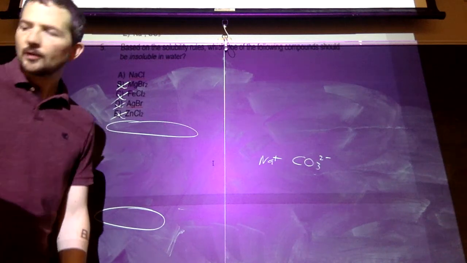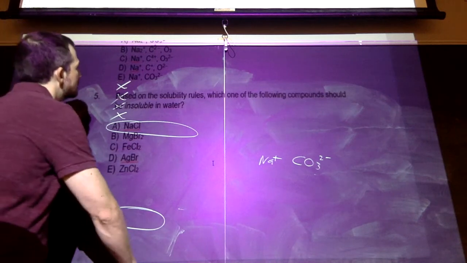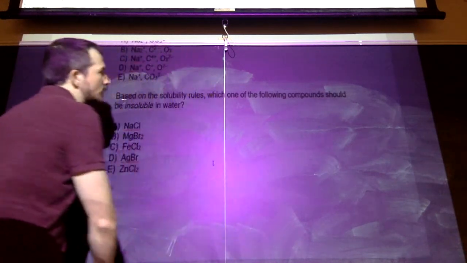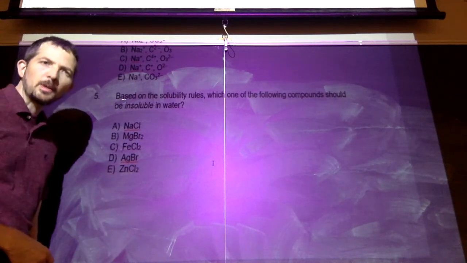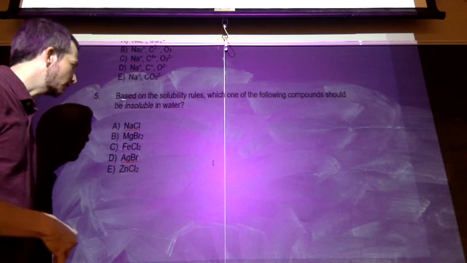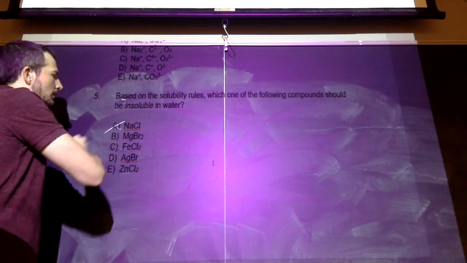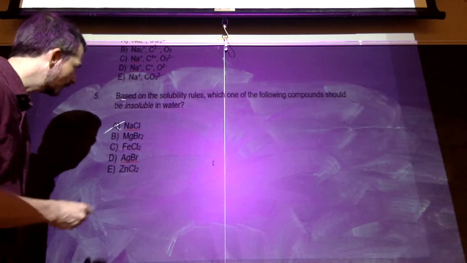Based on the solubility rules, which one of the following compounds should be insoluble in water? So you go down to the back page of your exam, you see some solubility rules. You know that anything that's group 1 is soluble. So sodium is group 1, so I know sodium chloride is soluble.